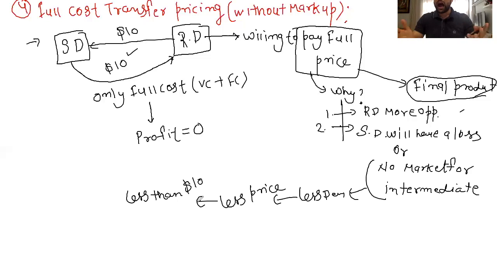But if the outsider will spend for processing, they want intermediate product at low price. So they kind of influence supply division to charge a low price. As a result, supply division will suffer a loss. All right. That's the reason for this kind of a method, right?